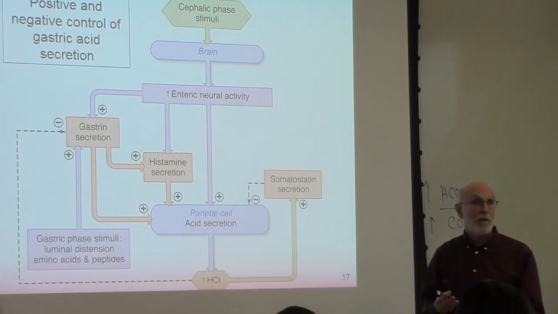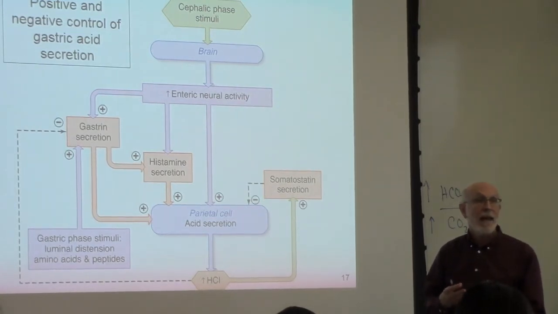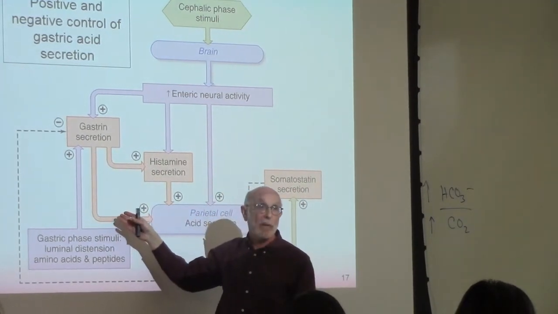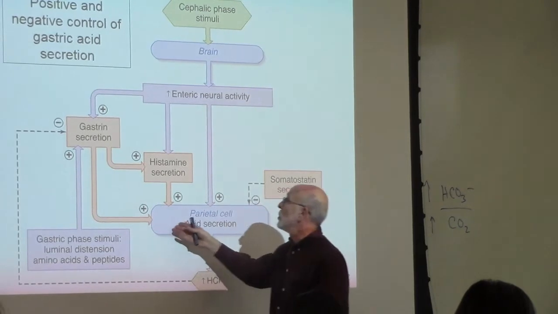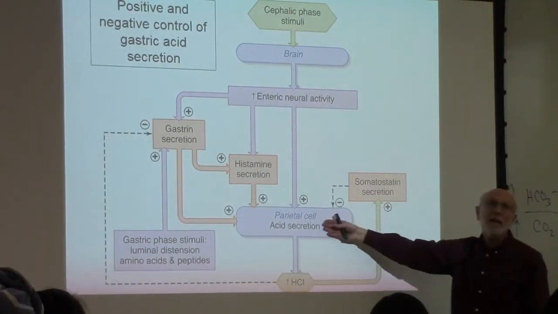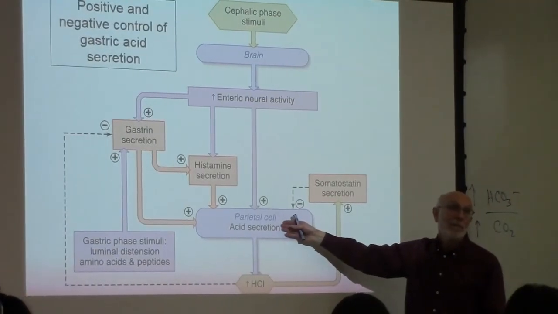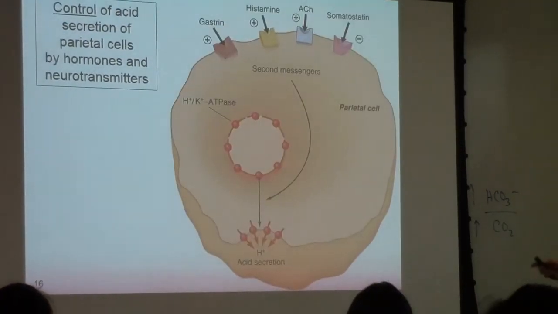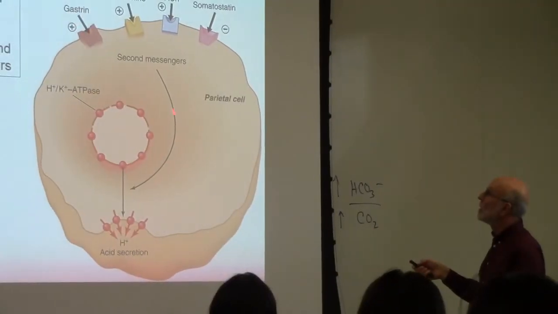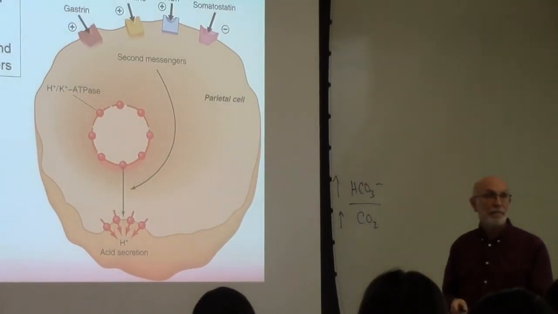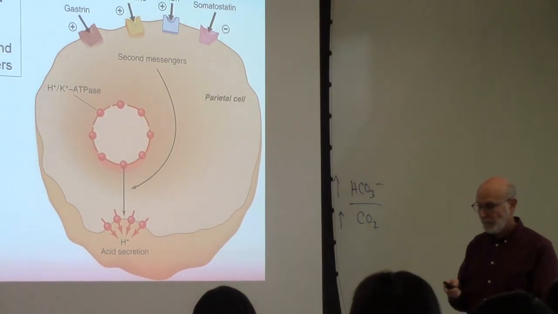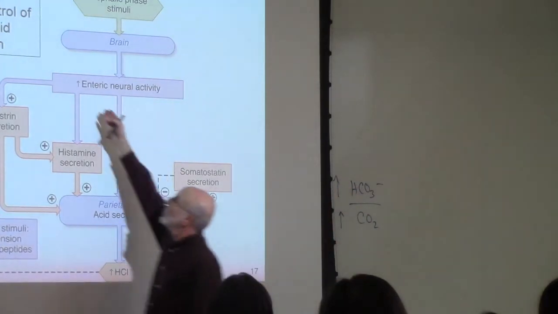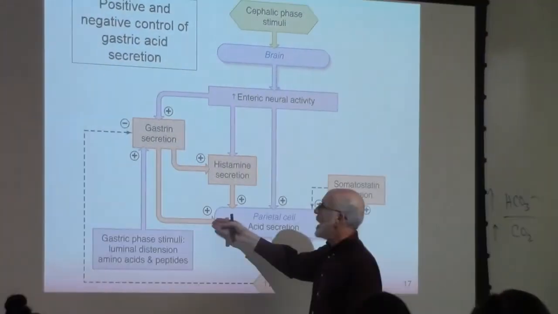They have receptors to acetylcholine, and when they bind acetylcholine, they release gastrin into the bloodstream, and the bloodstream then delivers gastrin to the parietal cells of the stomach. And so now this arrow is gastrin stimulating exocytosis.